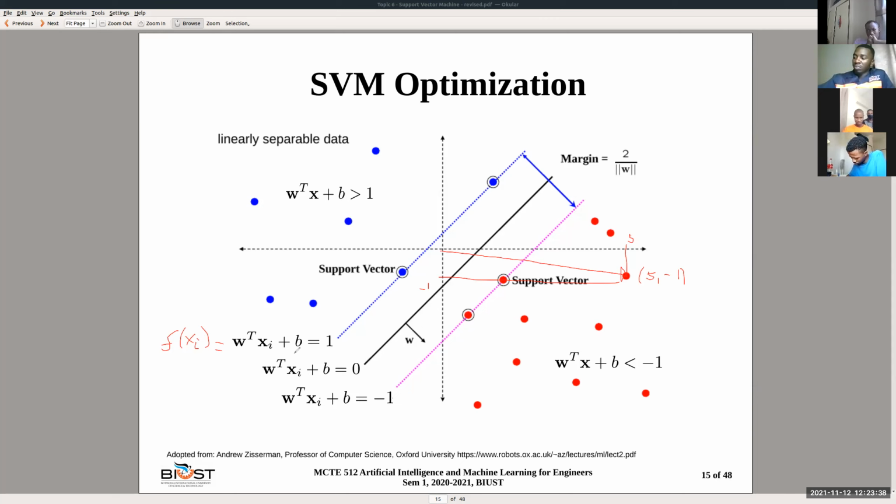So what we are saying is that there is a function f of xi. For every xi, we run this function, and it will give us the classification, some number pertaining to that vector xi.